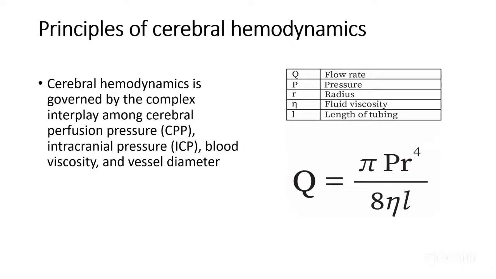Similarly, the same thing works in the human brain. We take blood flow as a linear flow. In that case, flow will be pi r to the fourth by 8 eta L into P, where Q indicates the flow, P the pressure, r the radius of the vessels, eta the fluid or blood viscosity, and L the length of the tube.